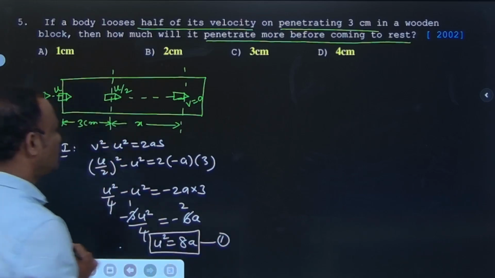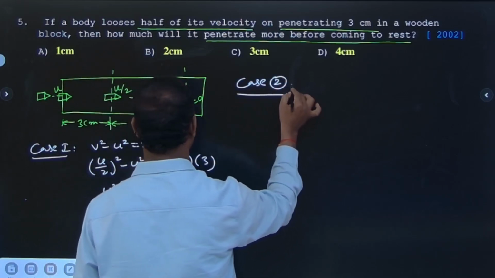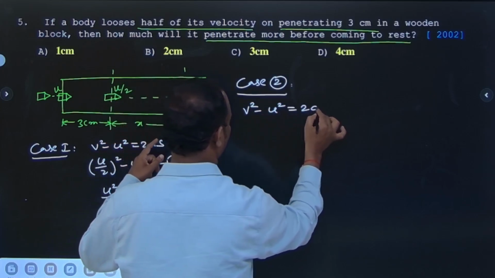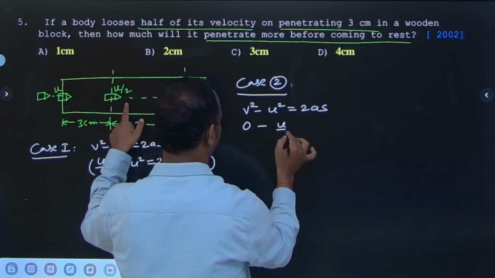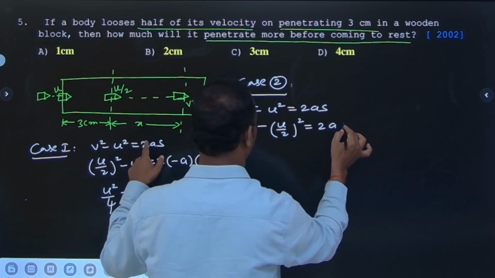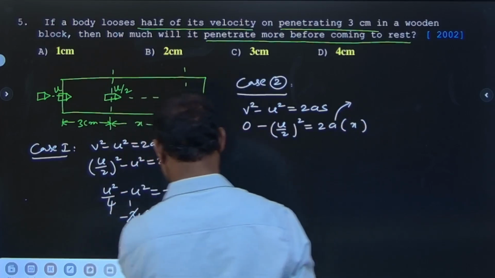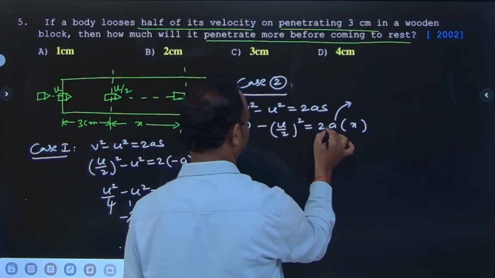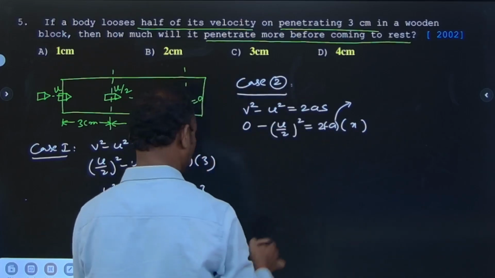Now case 2. Again v square minus u square is equal to 2as. V square is 0 minus (u by 2) whole square is equal to 2a into x. The acceleration is negative. From the first relation, a is equal to u square by 8.